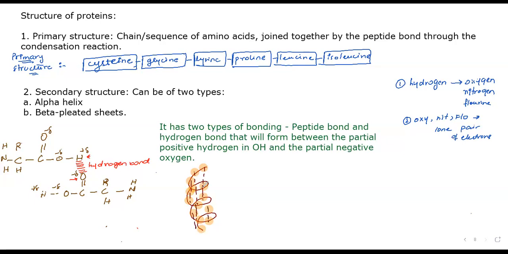When you look into it, the name we give this spiral structure is the alpha helix. Similarly, these amino acids can also develop the bonds in such a way that they can form a pleated structure like this.